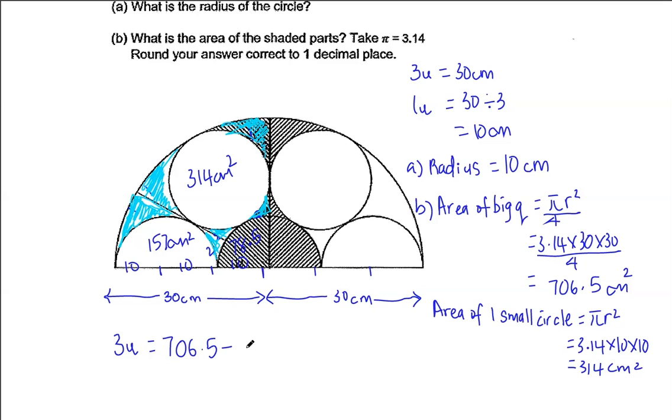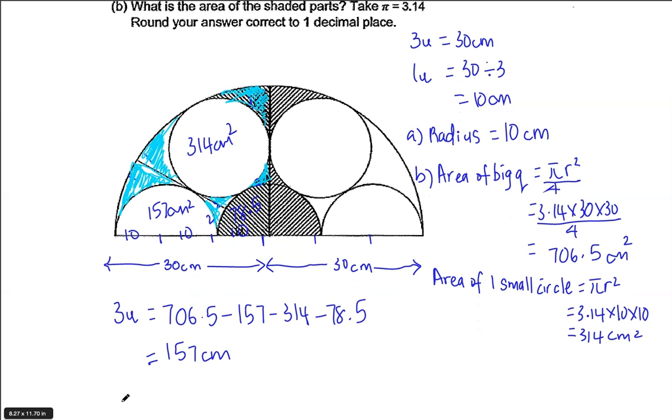So we minus 157, minus 314, minus 78.5. And we should get 157 cm squared. So 3 units here is 157.